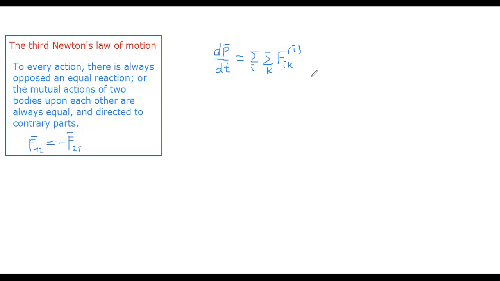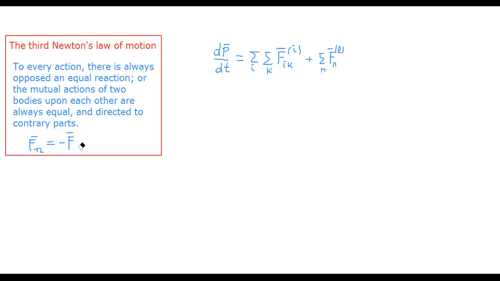It means internal forces, plus the sum of external forces, and upper index E means external. But what do we have according to the third Newton's law of motion?